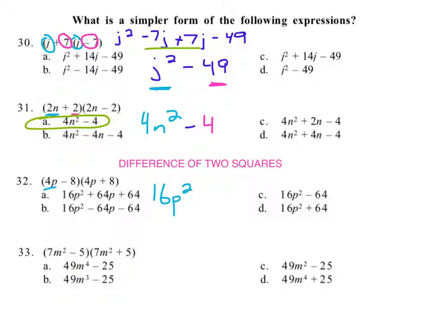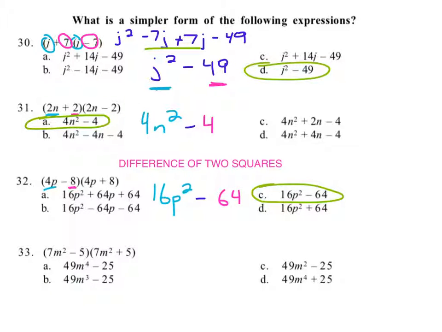What's that second term, forgetting about the sign? That's an 8. What's 8 times 8? It's 64. And of course, because it's the difference of two squares, we're subtracting between them. That becomes a negative 64 because there was a negative 8 and a positive 8. Where do we see that answer? 16p squared minus 64. Let's see. Oh, and I forgot to circle number 30. That's D.